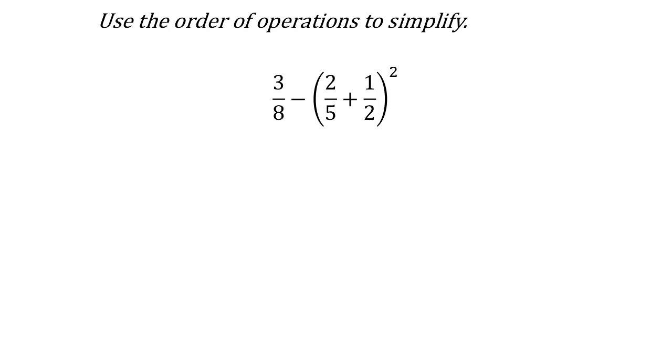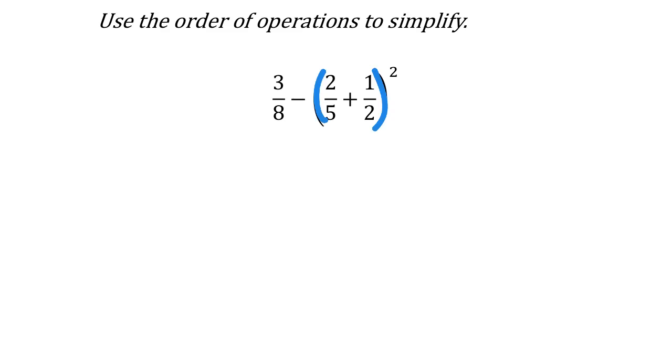Alright, problem like this one, very similar. Except this one has the exponent, which hopefully isn't too bad. But again, order of operations allows me to focus on one specific part of the problem instead of the whole thing. So I've got 2/5 plus 1/2, and I need common denominators there.